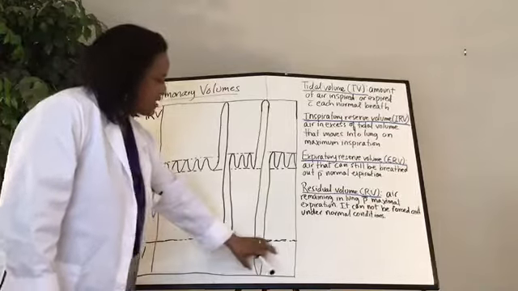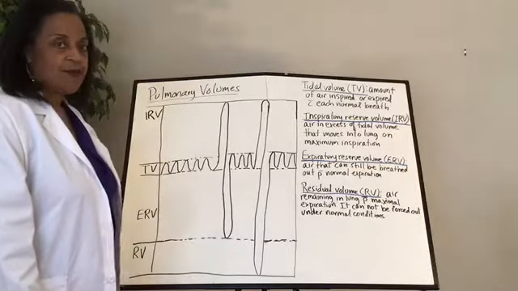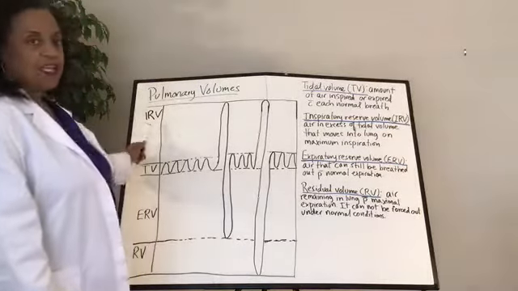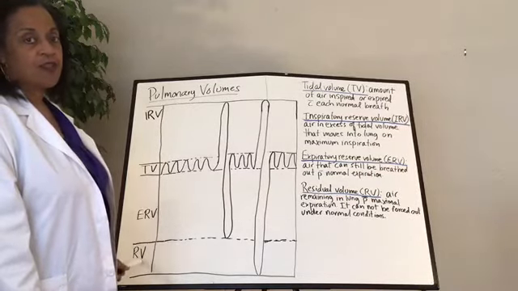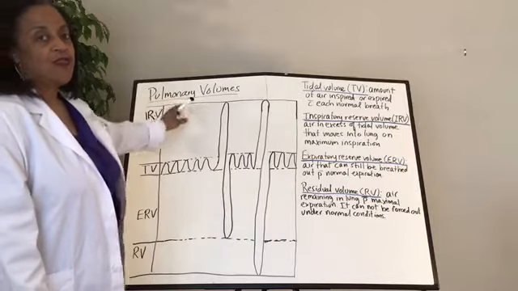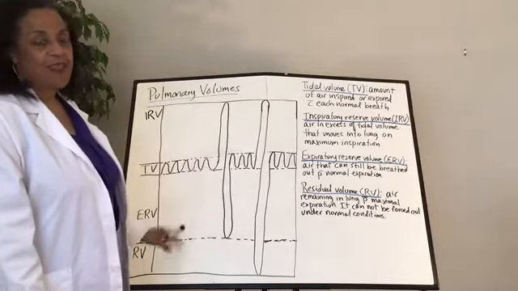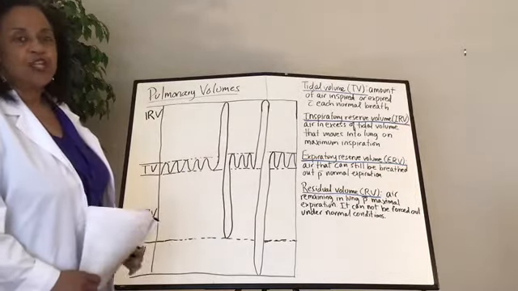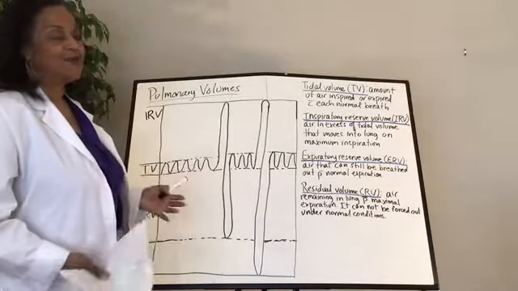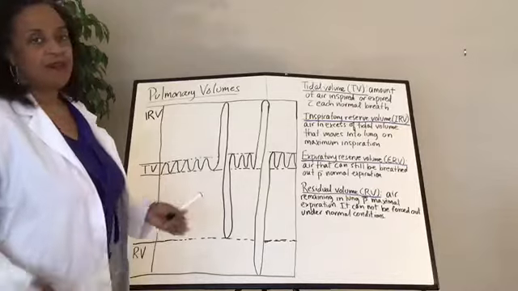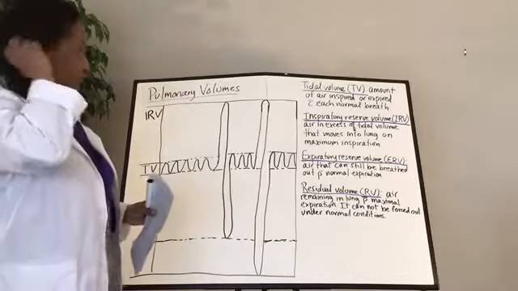That will be this section down in here. So we have the inspiratory reserve volume, tidal volume, expiratory reserve volume, and residual volume. It looks a little different in your book, but since I already learned it like this, this is the way I'm going to teach it. But I think you'll understand it too.